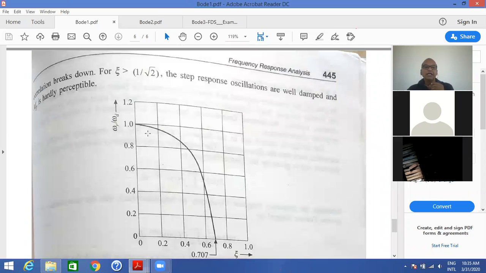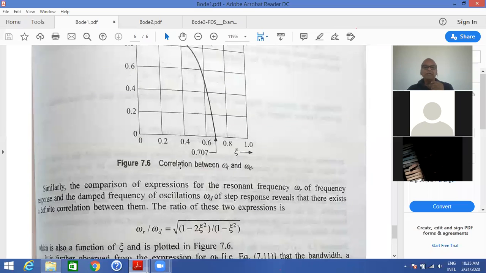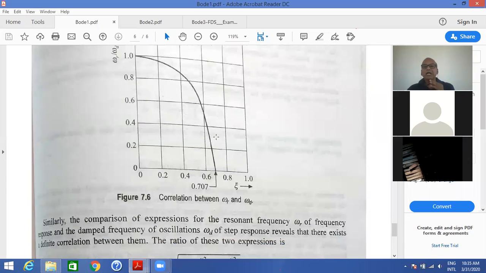The ratio gets decreased as the value of zeta increases from 0 to 1. But this is the maximum, equal to 0.707. Otherwise, the system is said to be unstable.